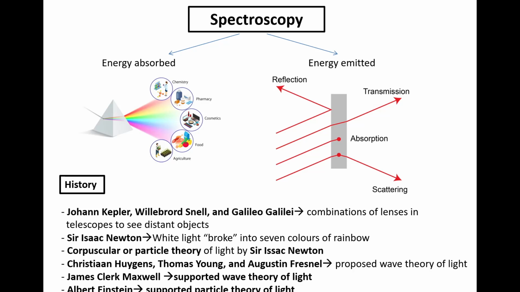You use the property of light that can interact with your matter and give certain properties, and if you detect them quantitatively and visualize that, you can tell some chemical intrinsic properties about that matter.